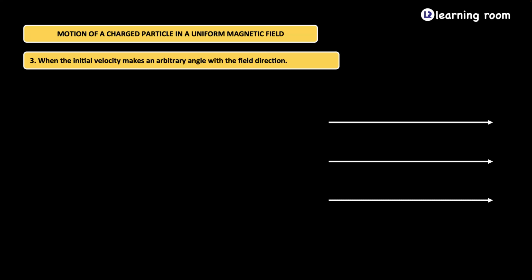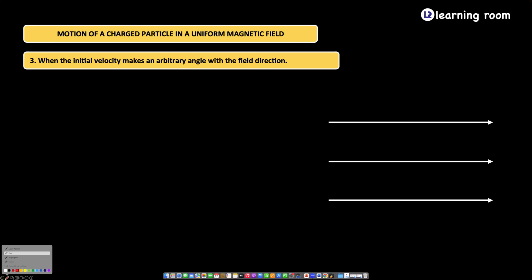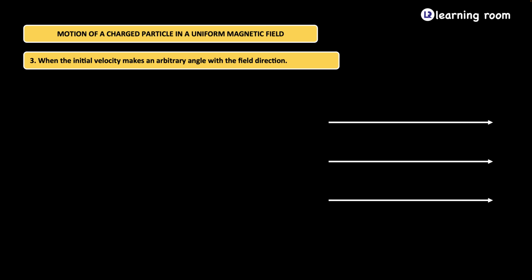So the next topic is motion of a charged particle in a uniform magnetic field when the initial velocity makes an arbitrary angle with the field direction.